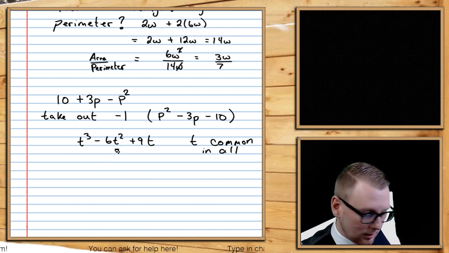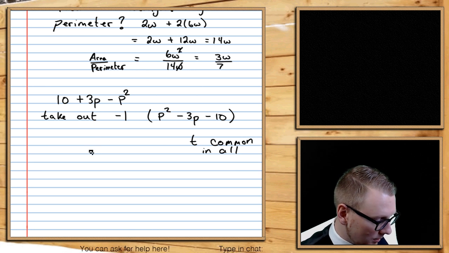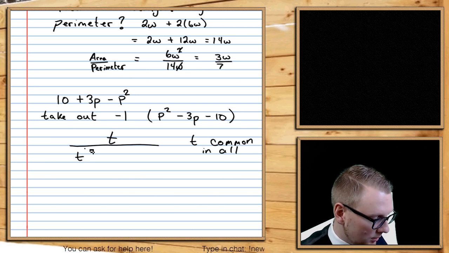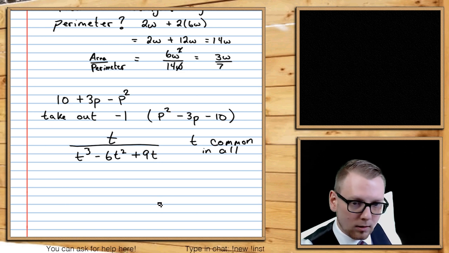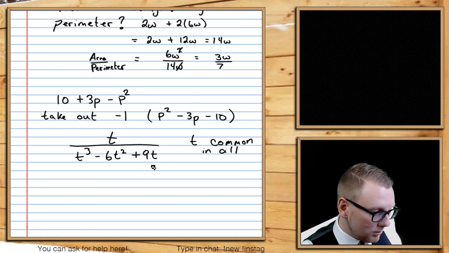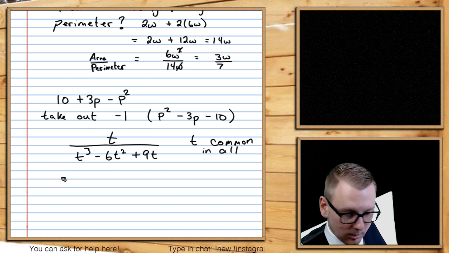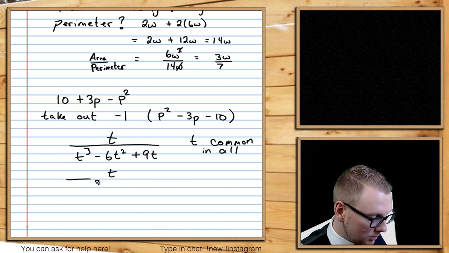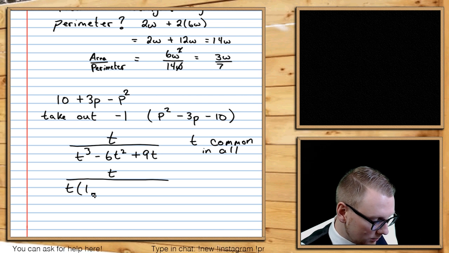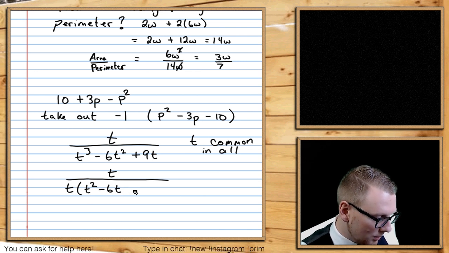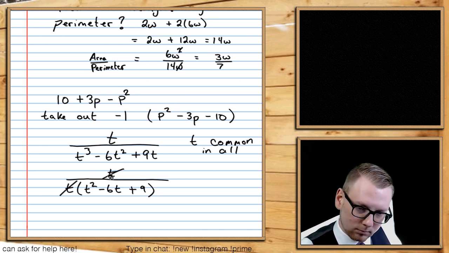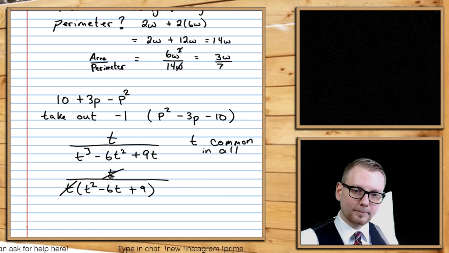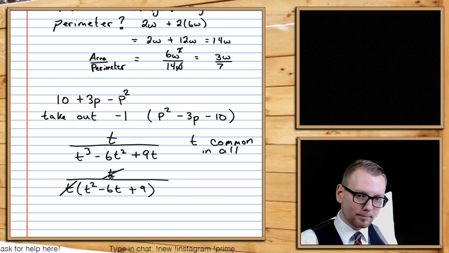So for example, if I did this exact same thing, but I had t over it, t cubed minus 6t squared plus 9t. The first thing you do is factor the t in the bottom, so nothing changes on the top. If you take out the t, you get t squared minus 6t plus 9. And then now you can cancel them out. Do you see how that works?